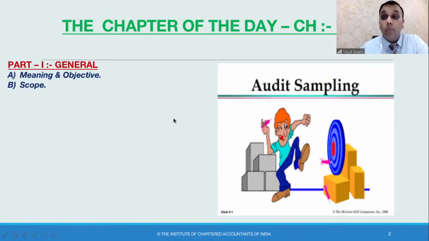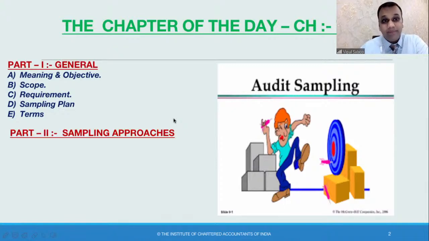Then what is the scope of our SA, Standard on Auditing 530. Then what is the requirement of audit sampling? Why do we need to even consider this technique? Then what is the sampling plan? Some basic terms which we will be encountering in this chapter, and we need to know about those terms.